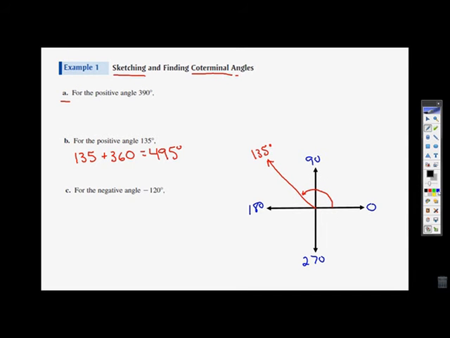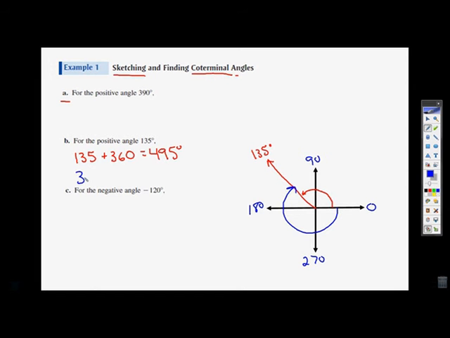Now let's find our negative coterminal. We're going to start here at the same initial side, end here at the same terminal side, and we know that our positive angle was 135. There's only 360 degrees to go around. I could look at this two ways.